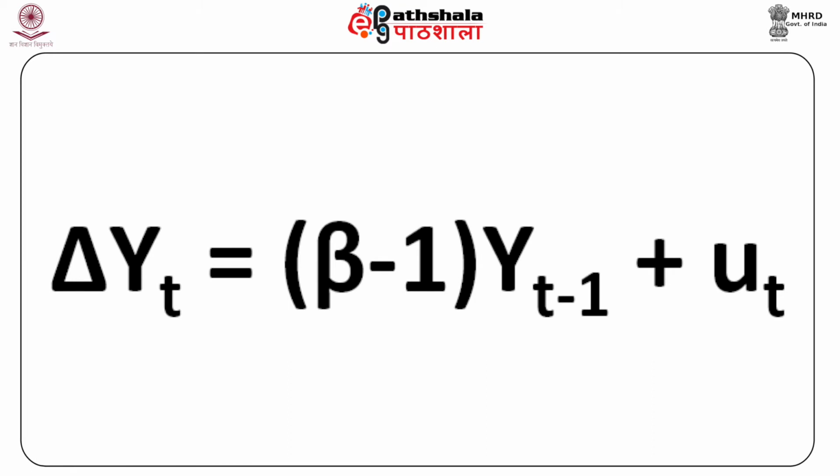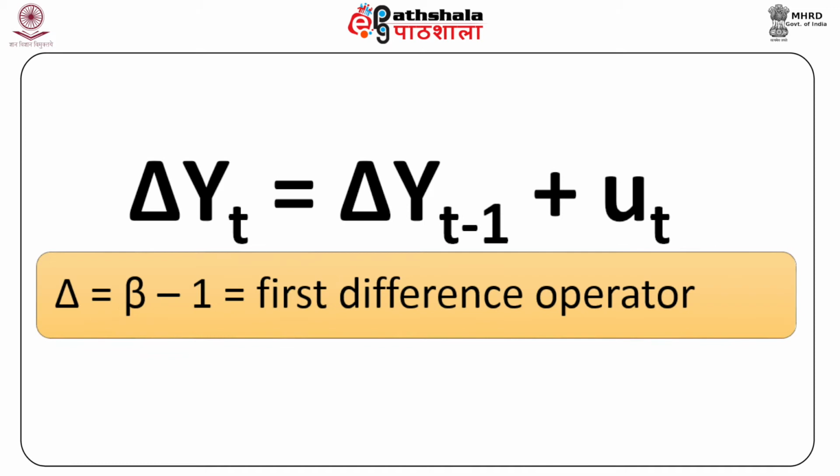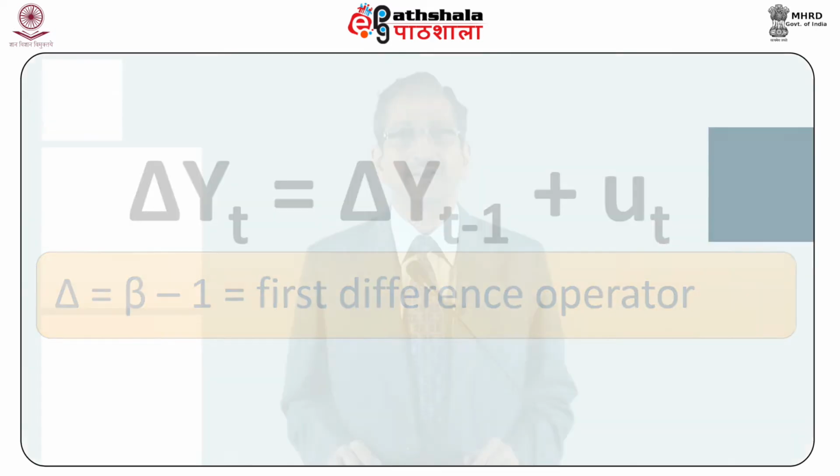If you simplify this equation, we get delta yt equal to beta minus 1 times yt minus 1 plus ut. Now, we can also rewrite this as delta yt equal to delta times yt minus 1 plus ut, where delta on the right hand side is the first difference operator and is equal to beta minus 1.